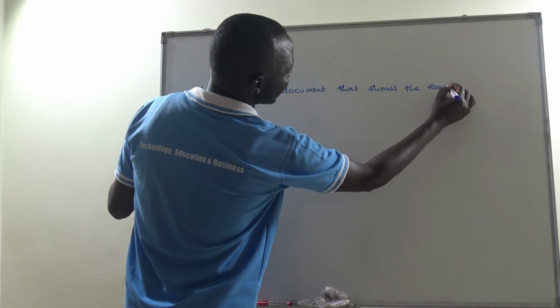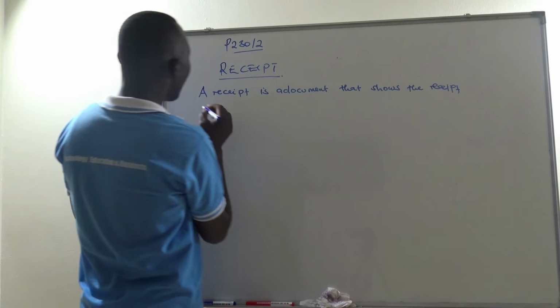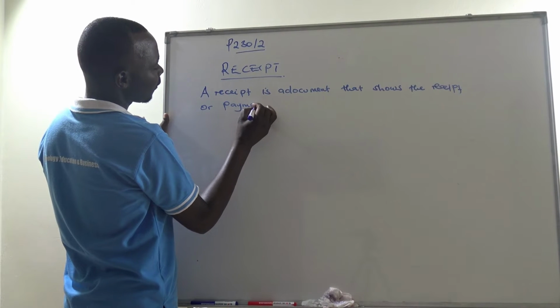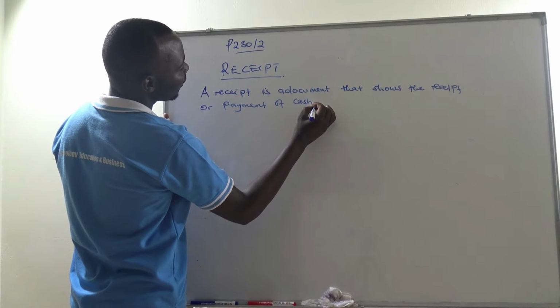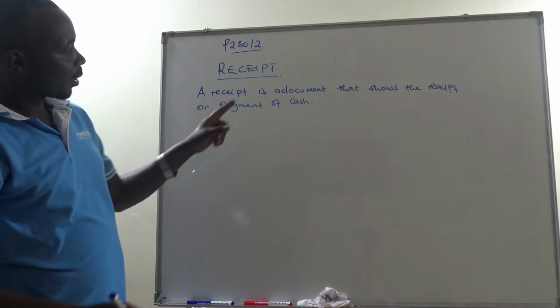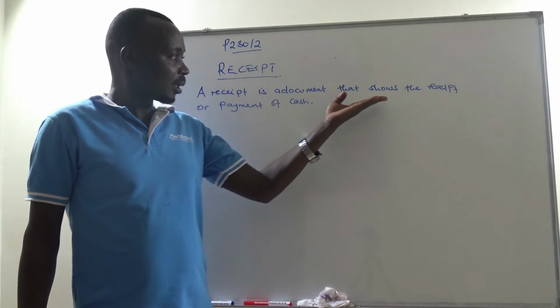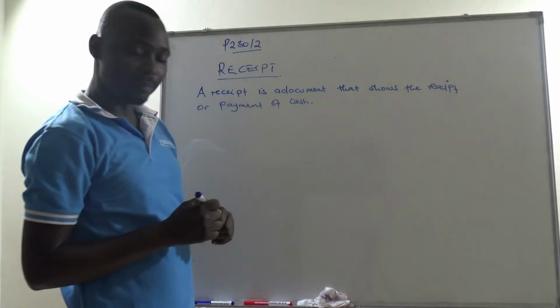Let's begin with the receipt or receiving. This one, receipt comes with receive, or payment of cash. We are looking at a receipt. It shows the receipt or payment of cash.